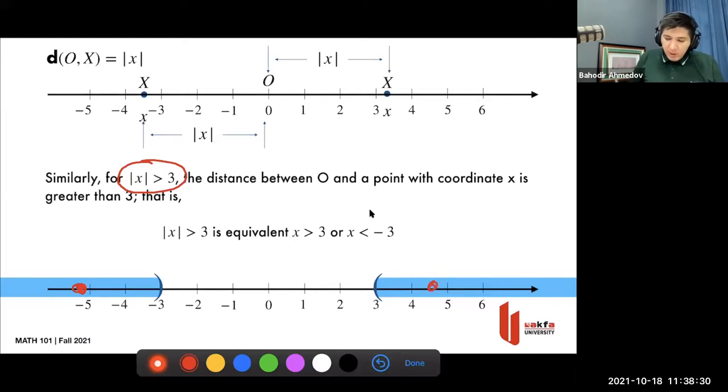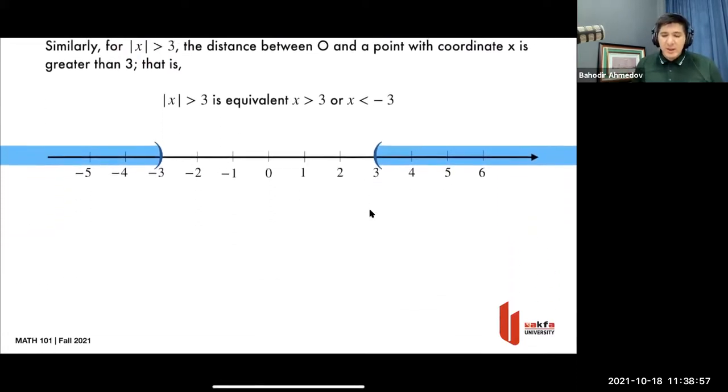Or if you choose any point here, the distance from this point to the origin is going to be greater than 3. So again, we need to understand what this expression actually means. The absolute value of x is more than 3 means that x is a point such that the distance between this point and the origin is more than 3.